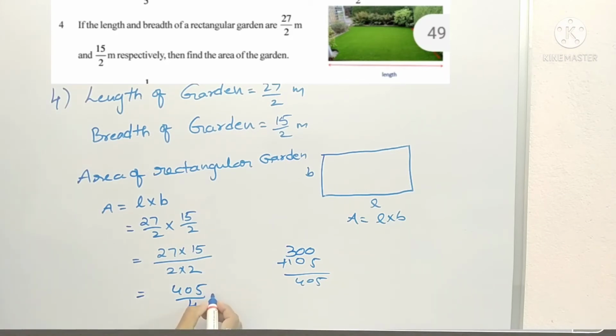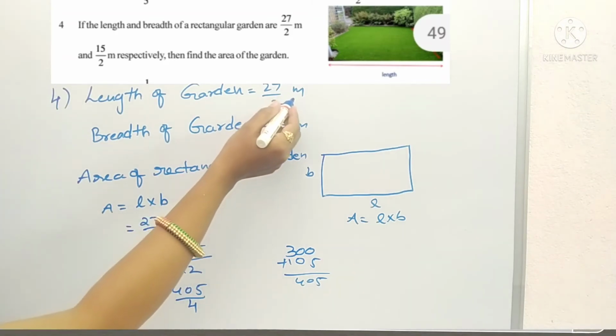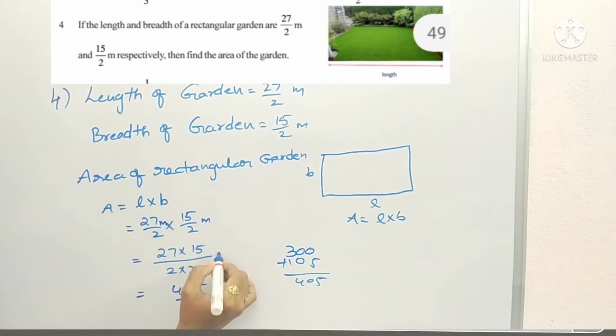Okay, here meters into meters, right? This is meters and this is meters. So meter into meter will become meter square or square meters, whatever we can write. Okay, you can keep like this or otherwise again you can convert it to a mixed fraction.